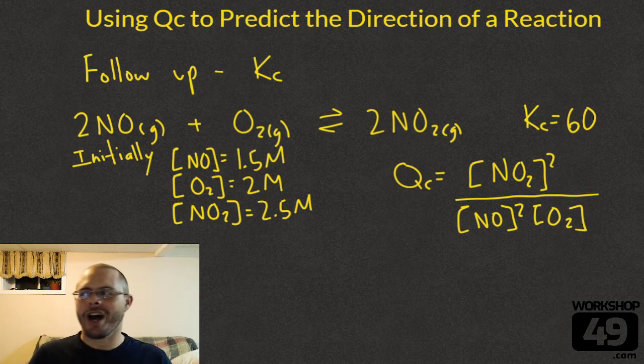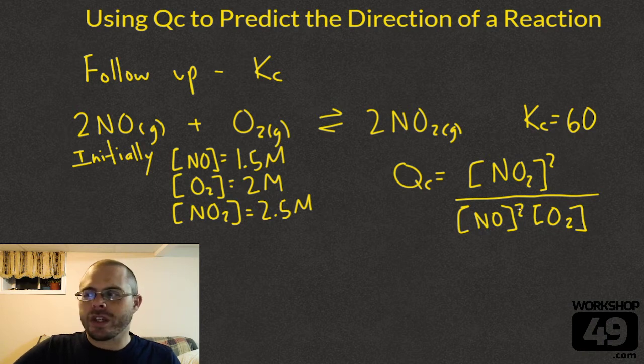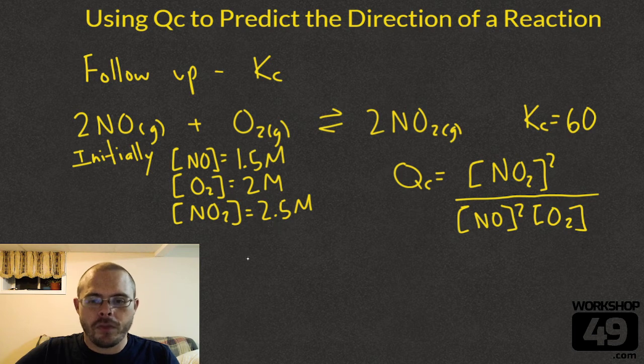This is usually the time where I tell you to put this into a flask, put a stopper on it, put your snowshoes on, go for a walk out in the woods, have some fun, come back, and now calculate the concentrations now that it's at equilibrium.